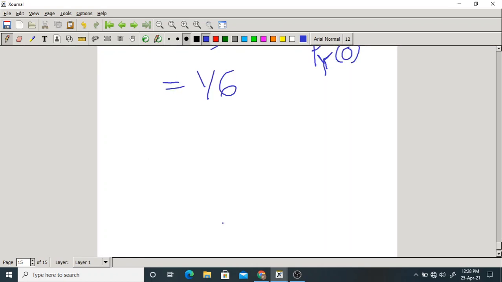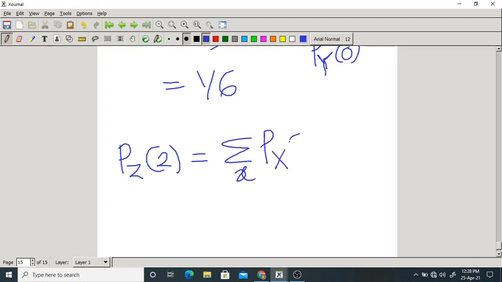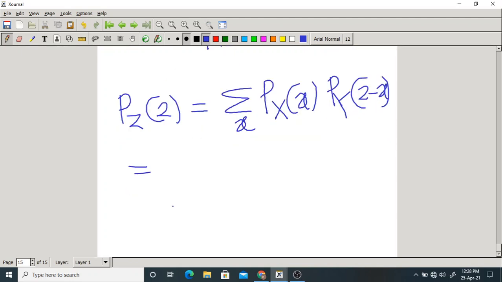Next, what is Pz of 2? Which means summation over x, Px of x, Py of 2 minus x. If x is 0, Px of 0 is 0, not defined. So let us start from 1.